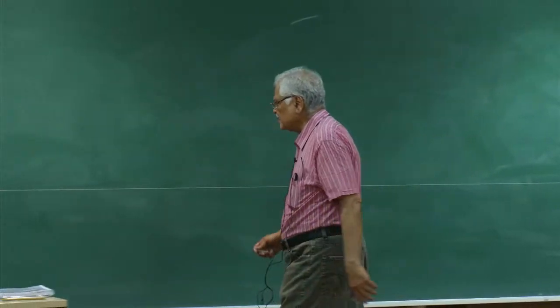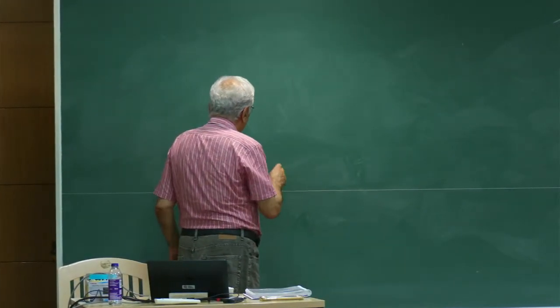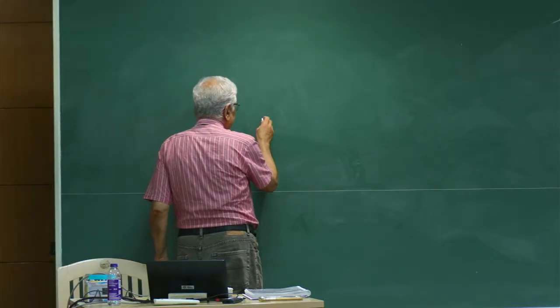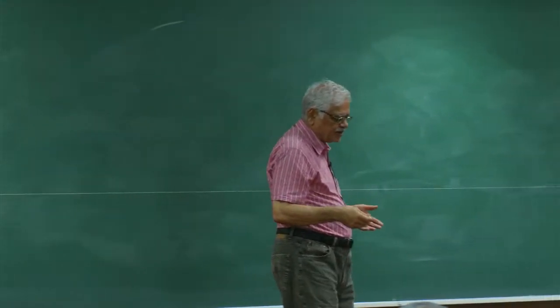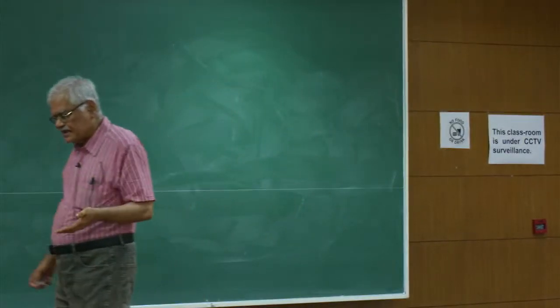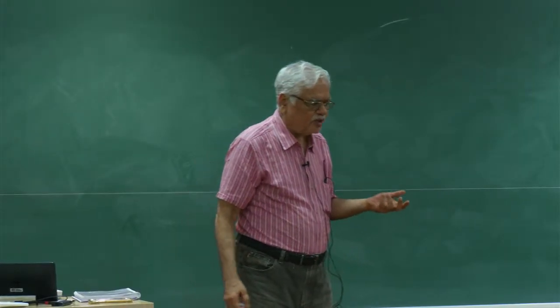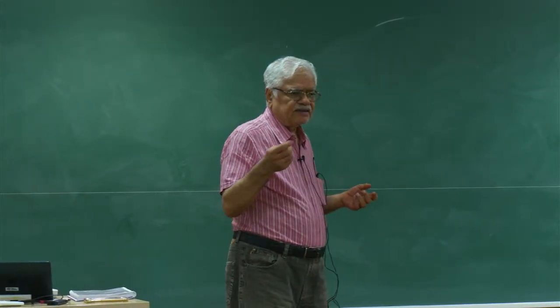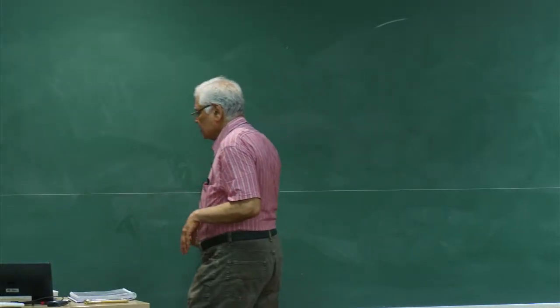Suppose we have a classical particle. Its dynamics is given by the forces acting on it, and in order to find out its state, first you have to measure it at some t equal to 0, and then, as an initial value problem, you have to solve the equation of motion, if possible.